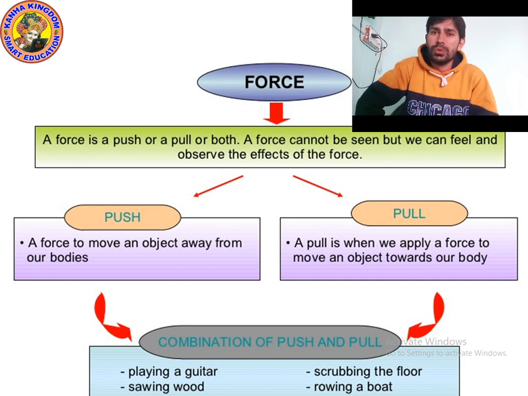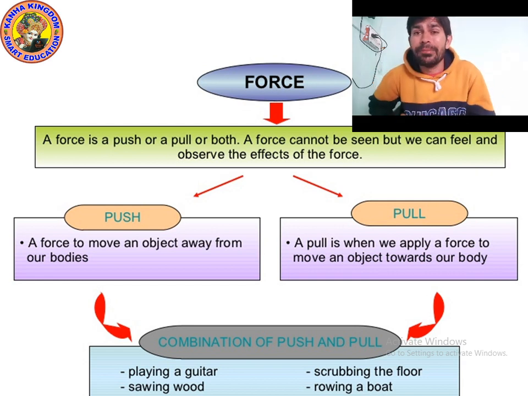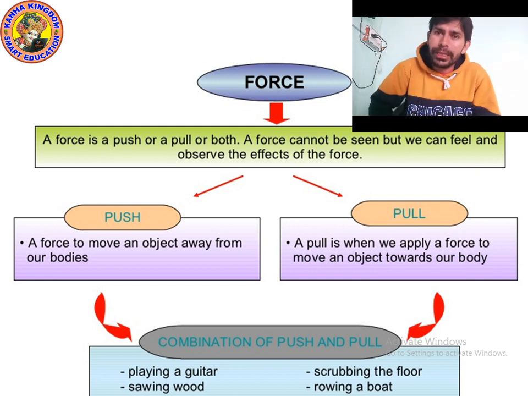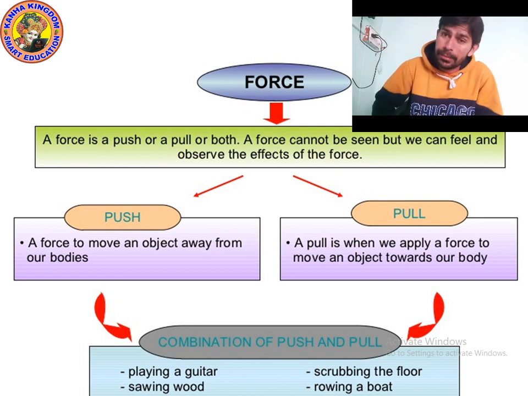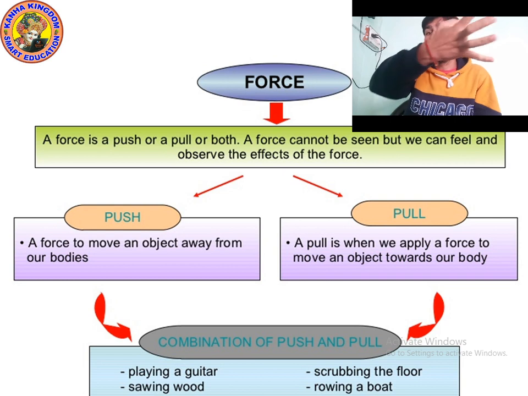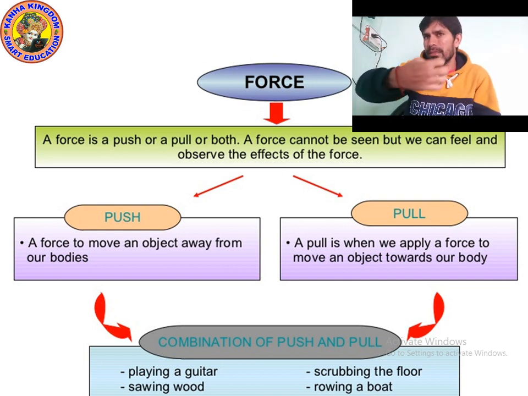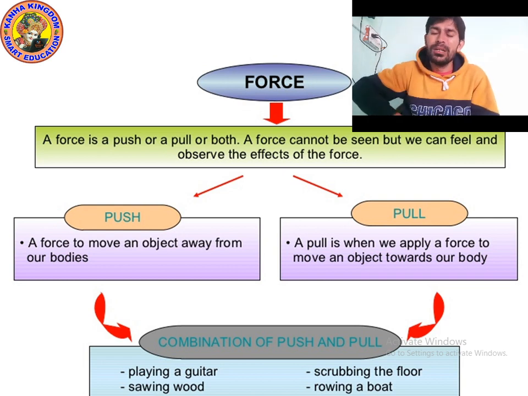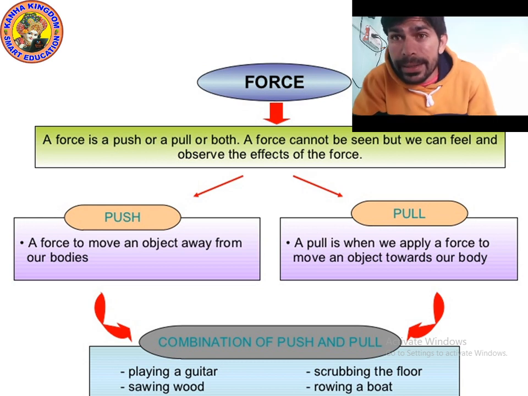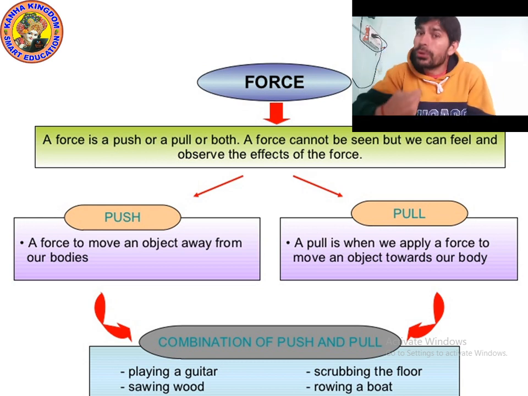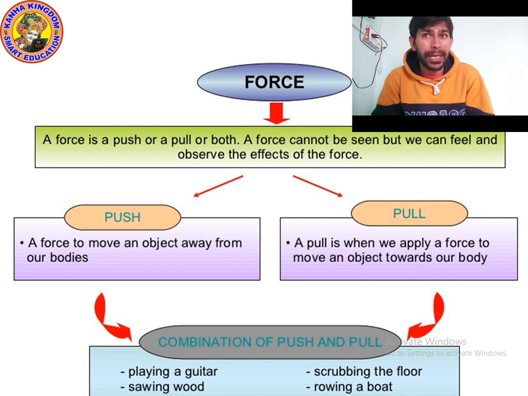I am pushing the table. If I pull the door, pull means drawing back, the door will come back. It means you are applying force.